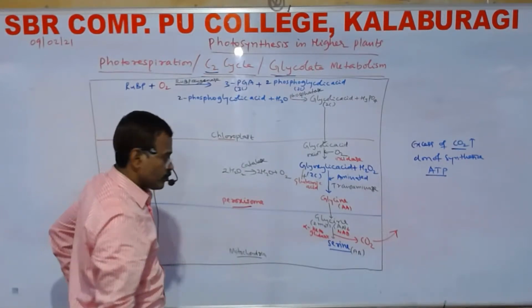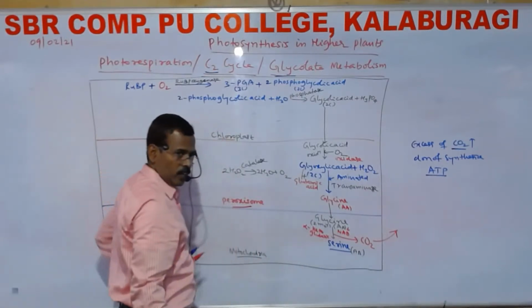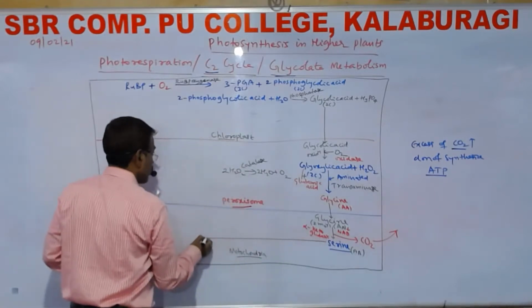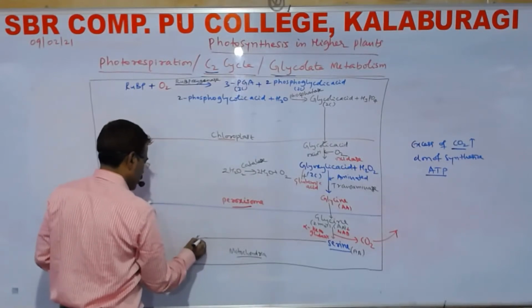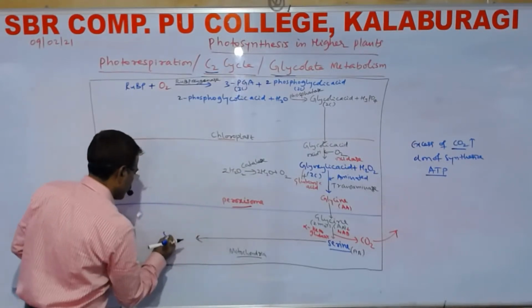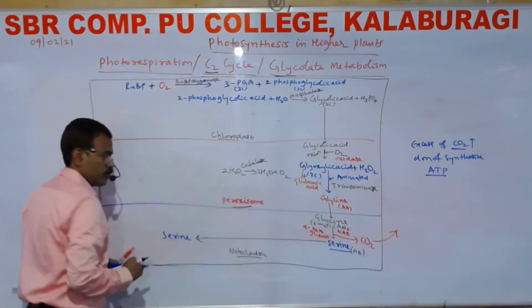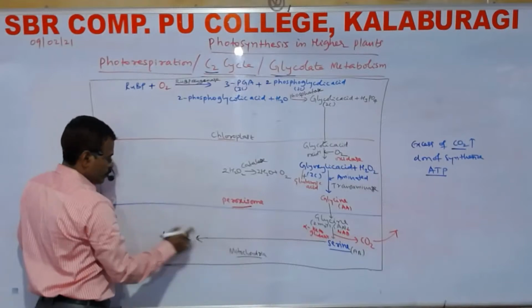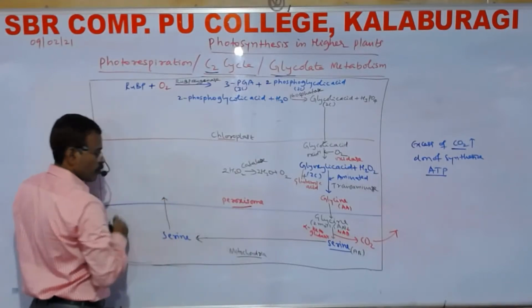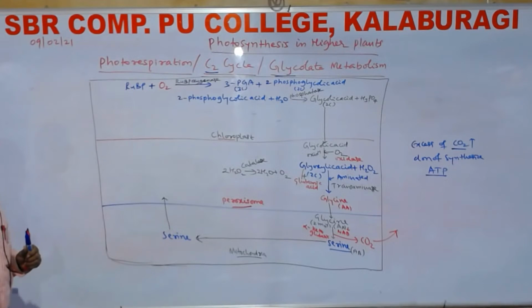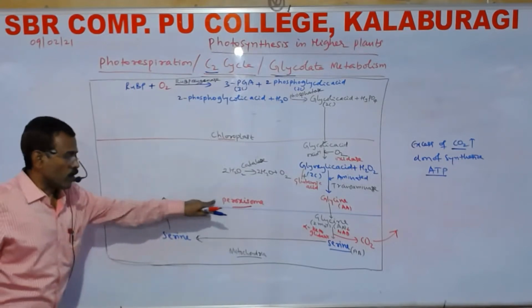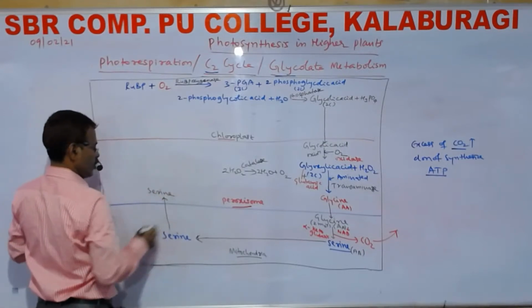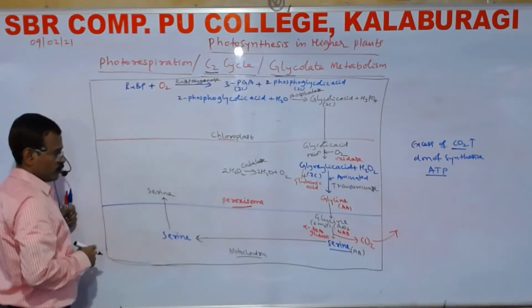Okay. Now, this serine is there, right? So this serine from mitochondria goes to peroxisome. Okay, so serine goes to peroxisome, right?